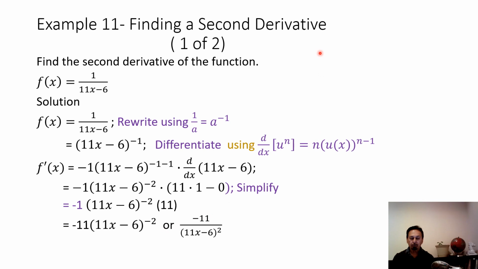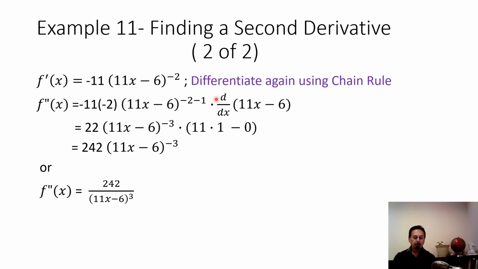Now we differentiate again using the chain rule. So you write minus 11, bring the power down, negative 2, just write 11x minus 6 and subtract 1 from negative 2. And at the end, multiply by d over dx of the inner function, 11x minus 6.